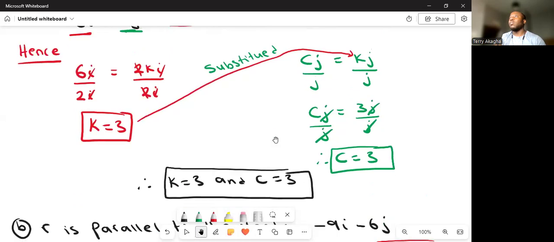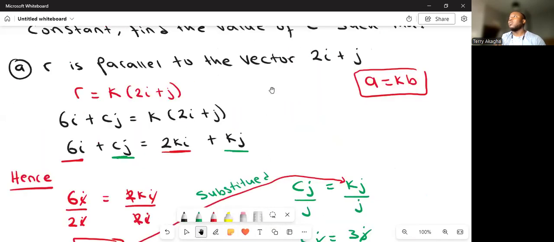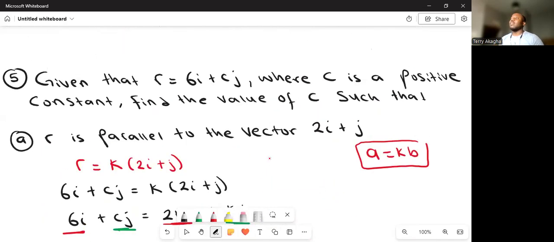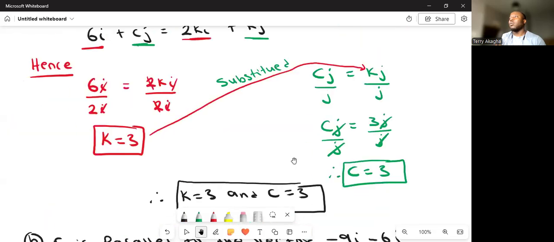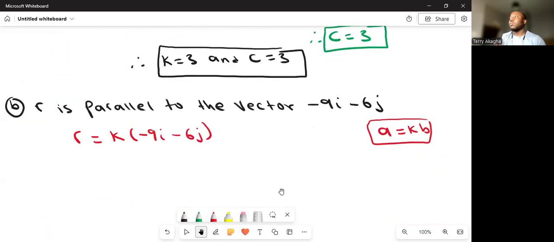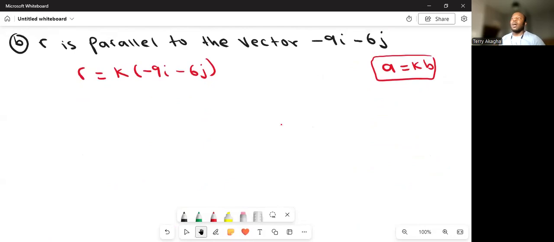From the question, we were told that R was 6i plus cj. So R is equal to 6i plus cj, and that is equal to k(minus 9i minus 6j).